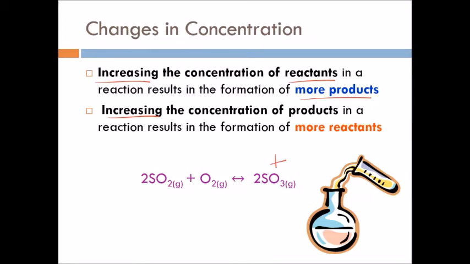If I add to the SO3, it's going to shift to the left, produce more reactants to get back to equilibrium, to get back to this K equals P over R ratio of the products over reactants. It wants to reestablish this ratio. So keep that in mind: when you add in, it's going to shift the other direction.